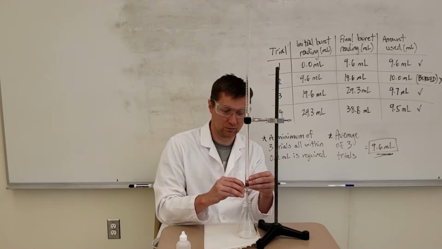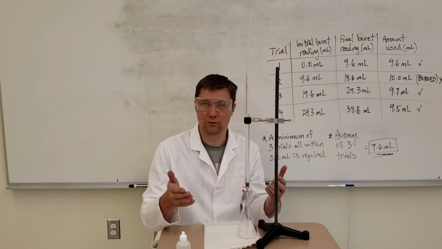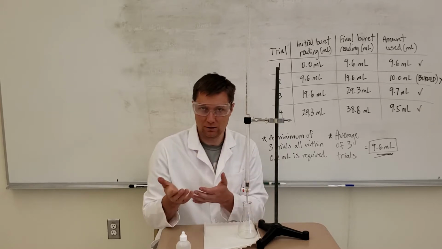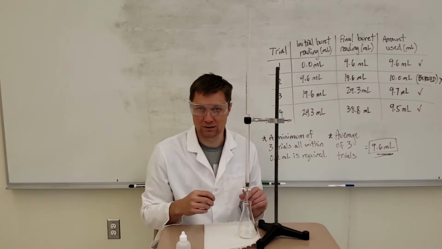So you just open this really ever so slowly, and the air bubbles start to come out. And if you go ahead and do your first trial like this, then you will have measured air being added to your reaction, and that's not what you want to do.